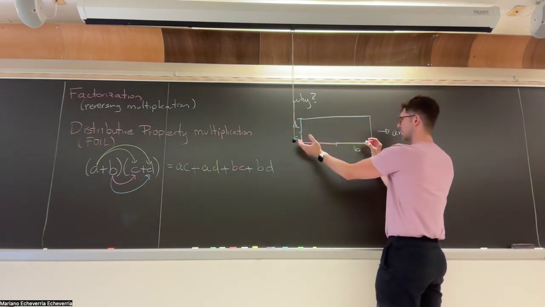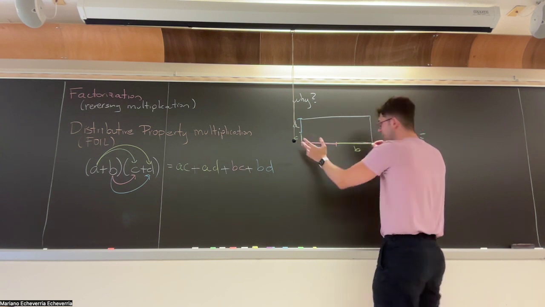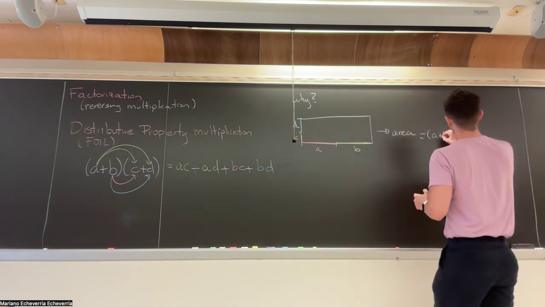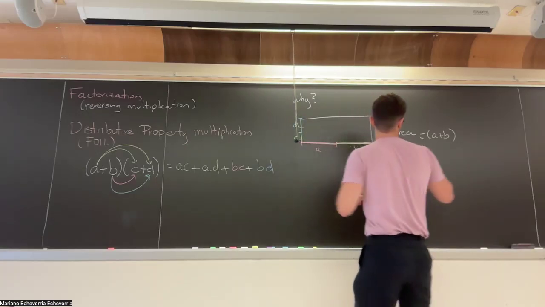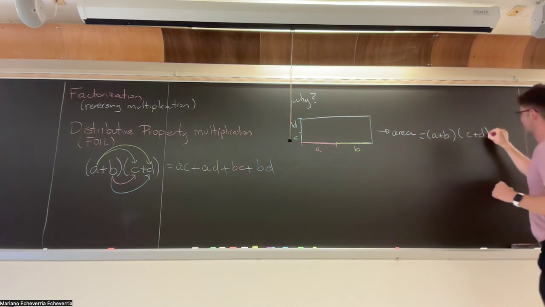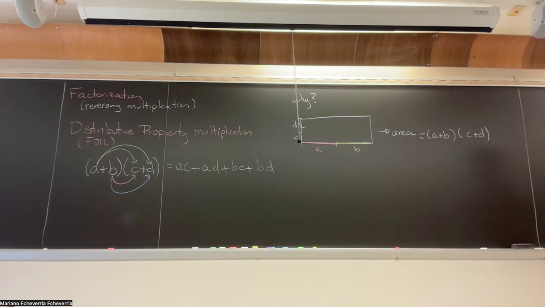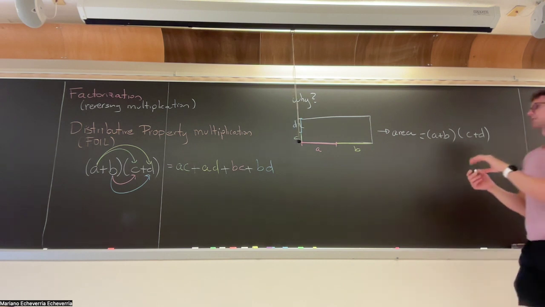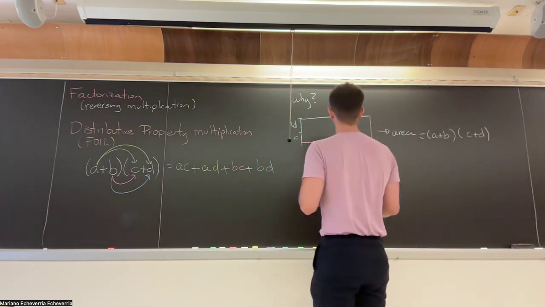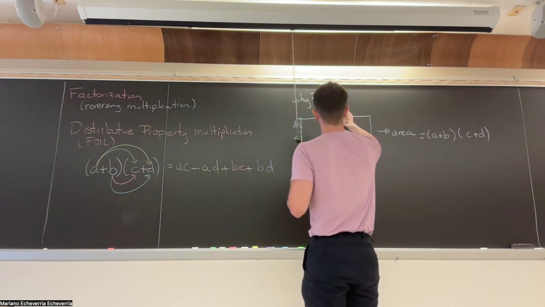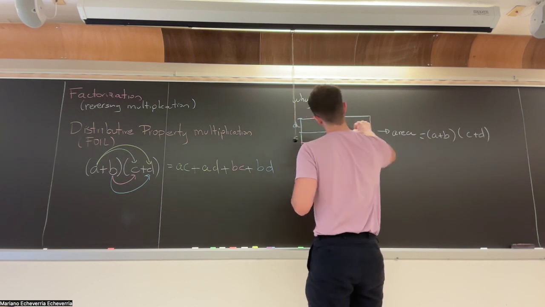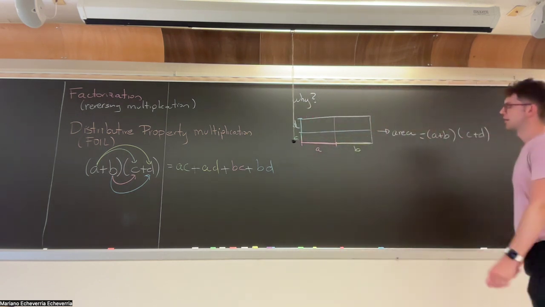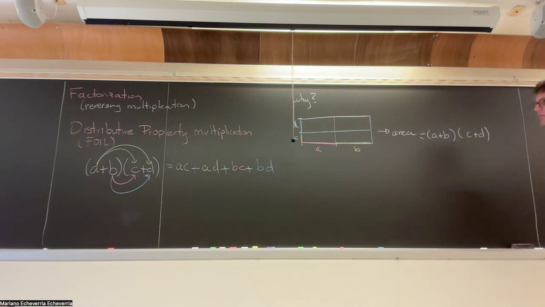The base is the length of the segment, which is A plus B, and the height is the length of this side, which is C plus D. But now you can break this rectangle into four pieces, and the area must be the same.